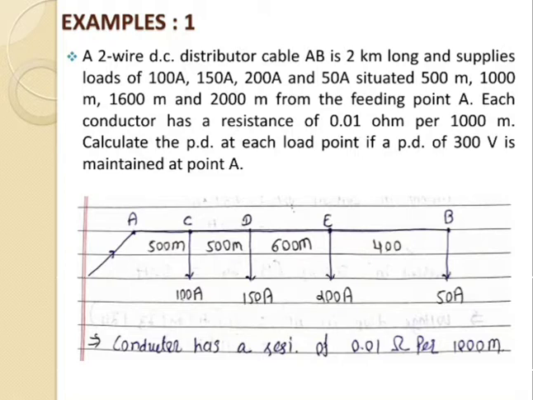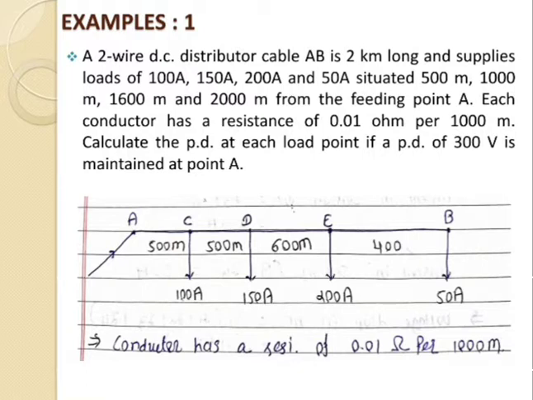Calculate the potential difference at each load point if a potential difference of 300 volt is maintained at point A. So this is the problem.